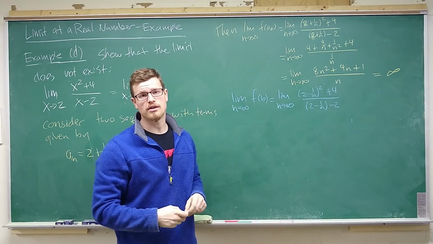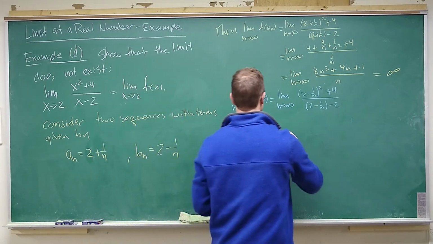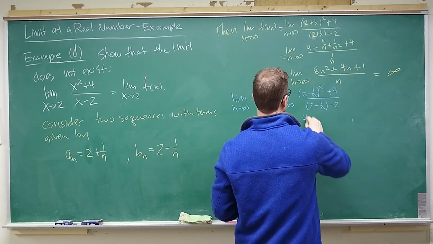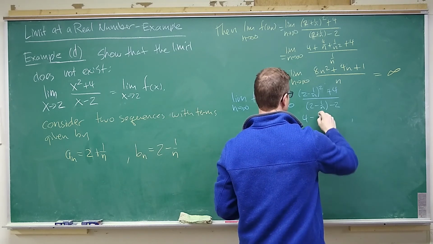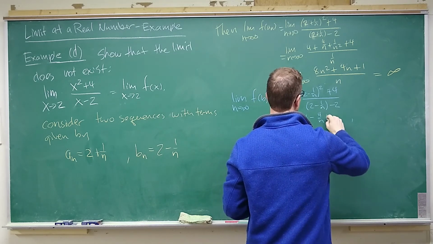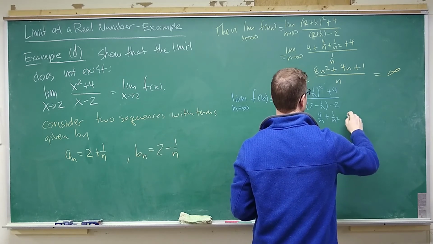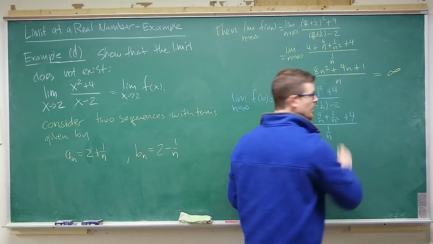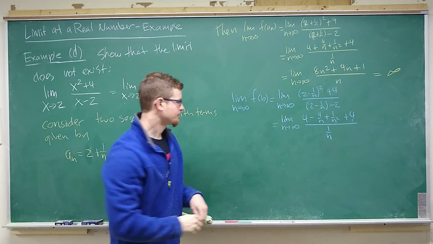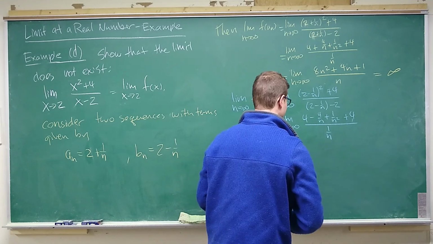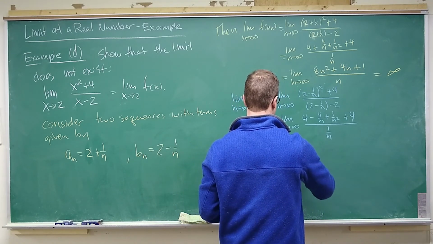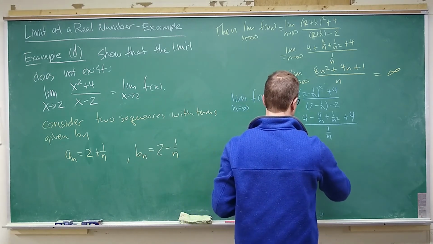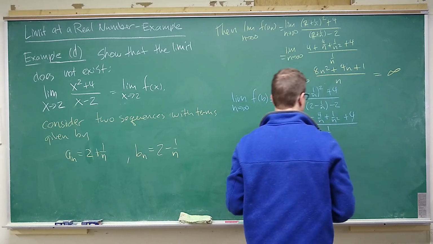Again, expanding the numerator and simplifying the denominator gives us the limit as n goes to infinity of (4 minus 4 over n plus 1 over n squared plus 4) divided by 1 over n. So it's a very similar looking limit, but we will find that there is one distinct difference. Multiplying the numerator and denominator by n squared gives us 8n squared.